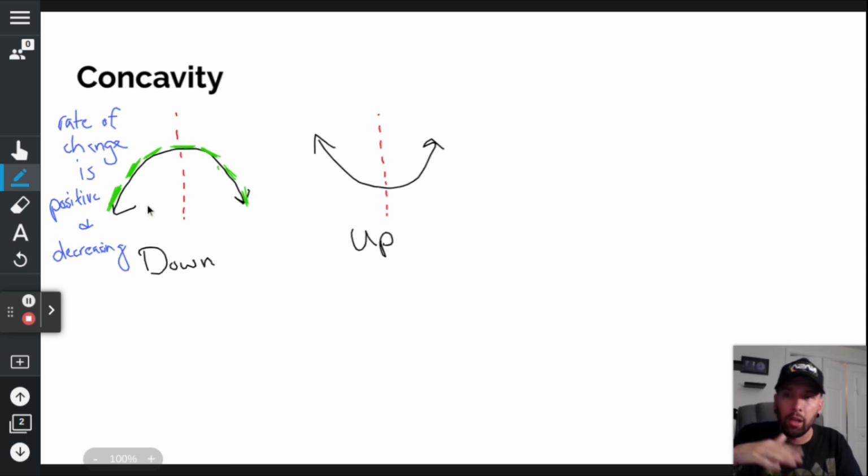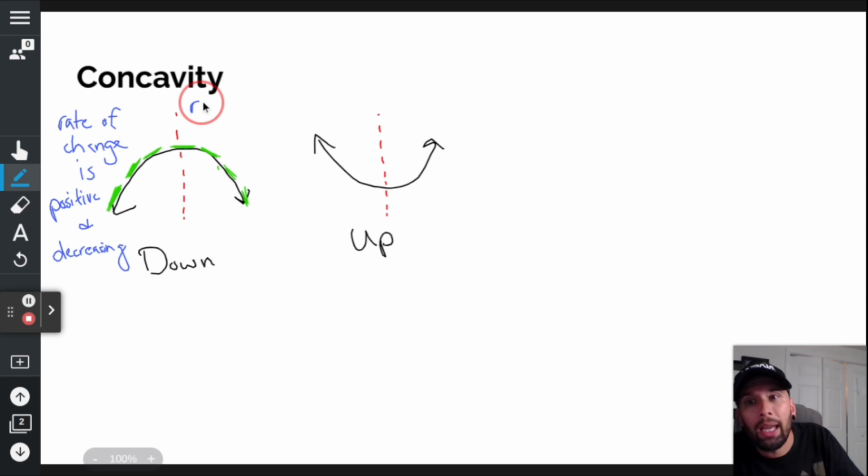Now, similarly, on the right side, I can look at my skateboard going down the hill. As it's at the very tippy top, it's 0. But the moment I move away from the tippy top, it's now a negative slope. So the rate of change on the right side of concave down is negative.